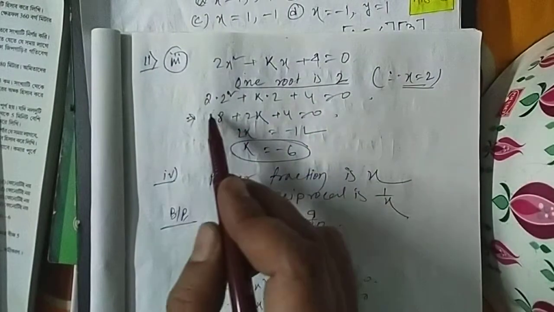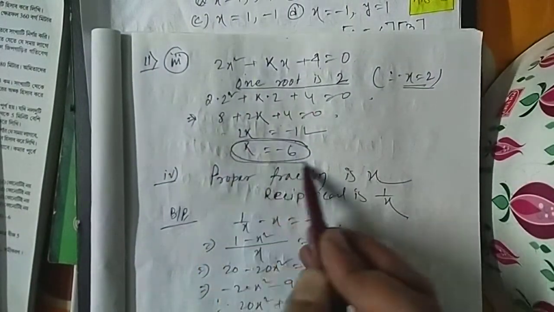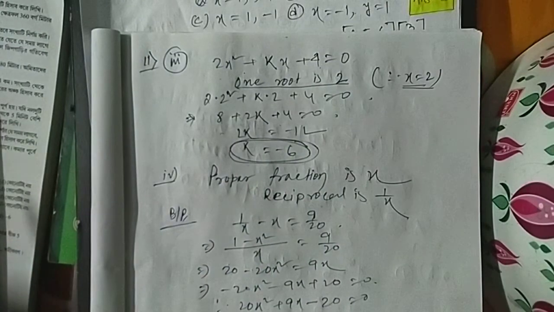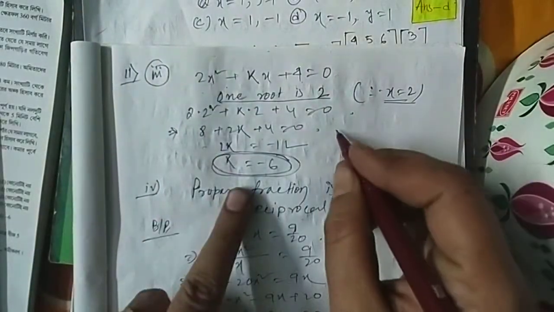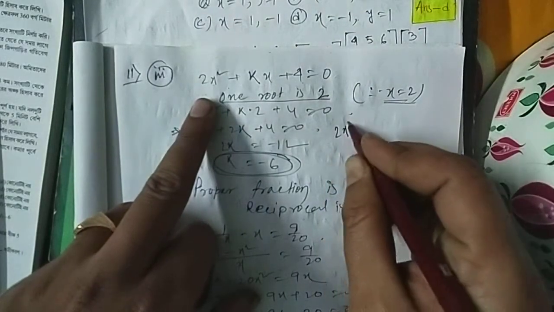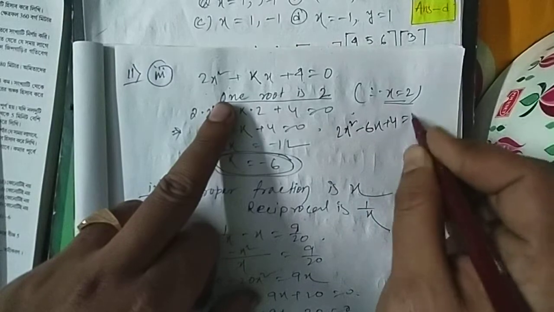Then we put x equal to 2 in this equation, and then calculate it, we get k is minus 6. Then everyone see that if k is minus 6, then equation will be 2x square minus 6x plus 4 equal to 0.